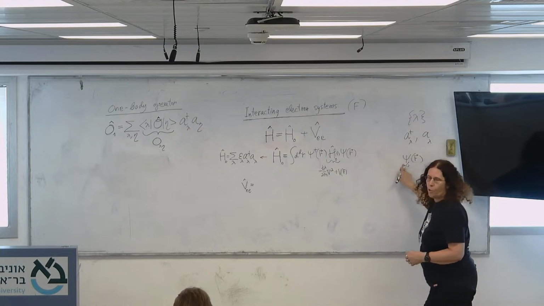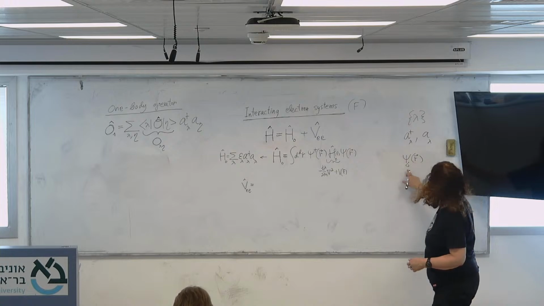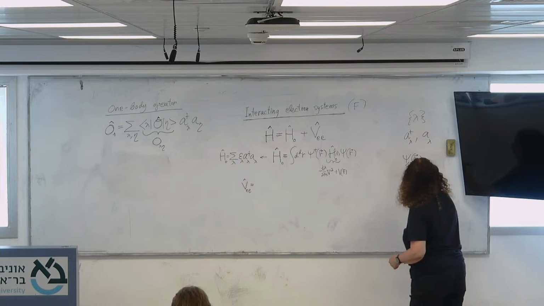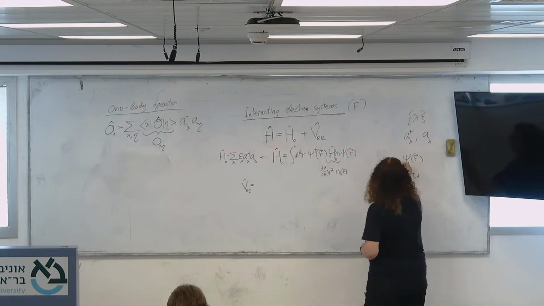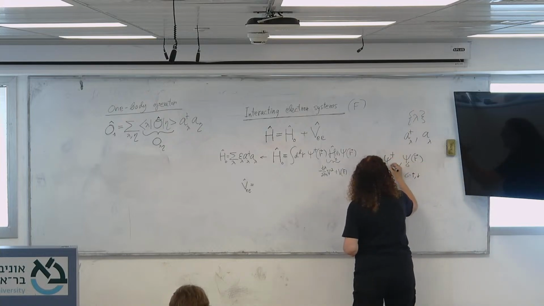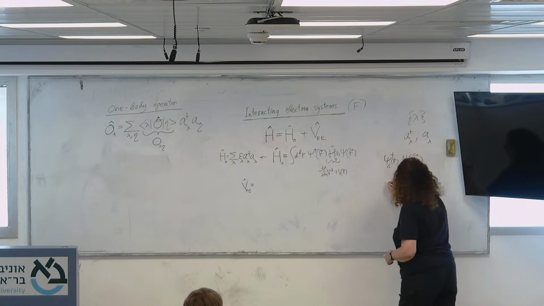It's an annihilation of an electron at point r and spin sigma, where sigma can take two values, up and down, or plus or minus, and then you have psi sigma dagger, the creation.